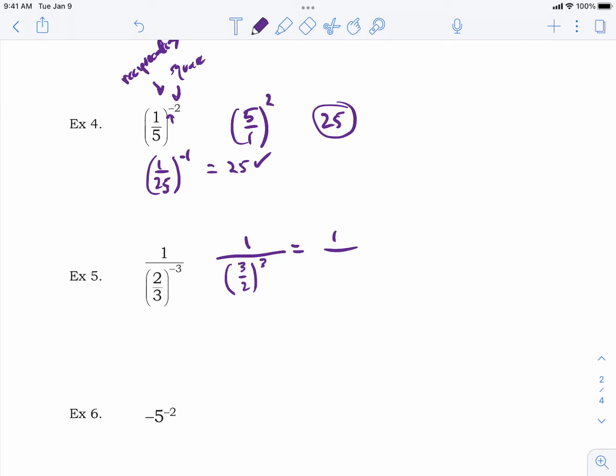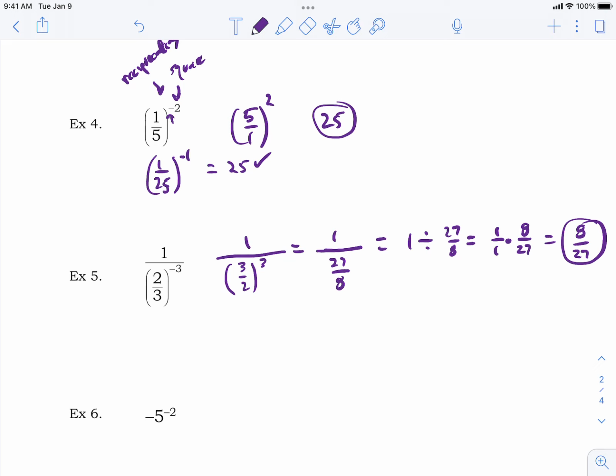So 3 times 3 times 3 is a 27 on top. 2 times 2 times 2 is an 8 on the bottom. And you're looking at 1 over 27/8, which means 1 divided by 27/8, which is 1 times the reciprocal of that, or 8/27. So in the end, you're getting 8/27. That's your answer, 8 over 27.